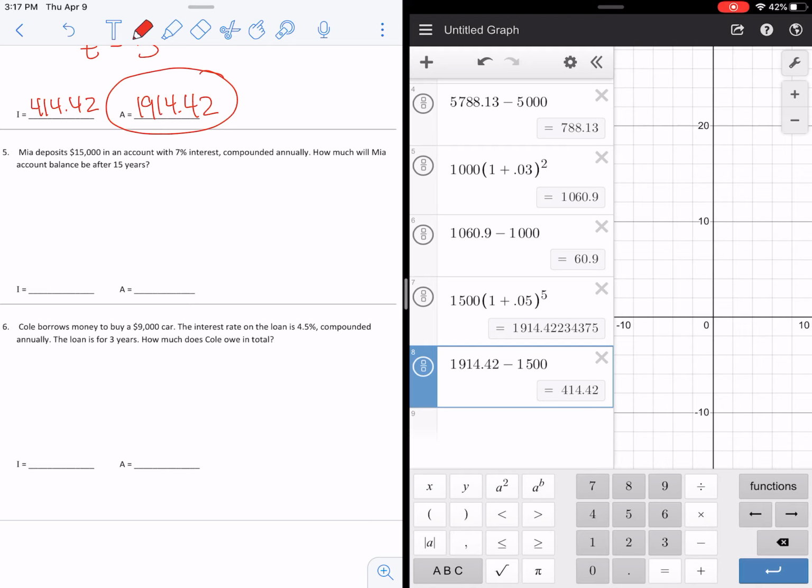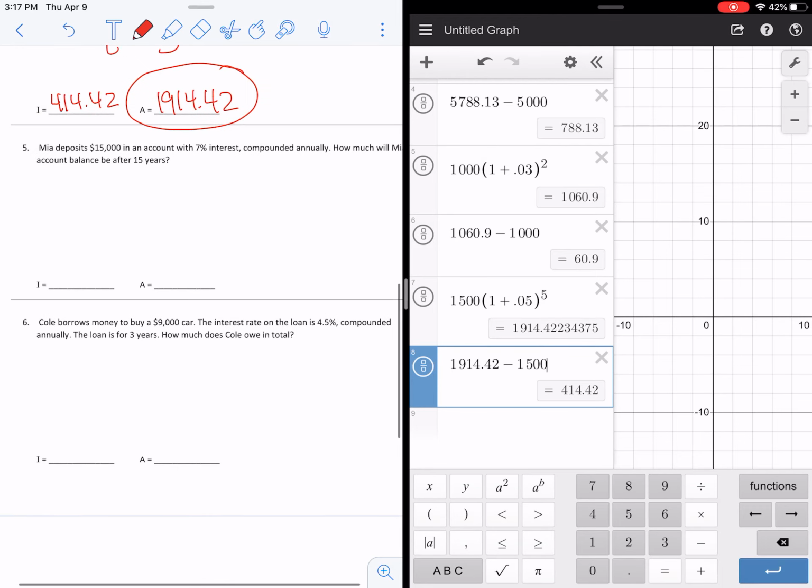Number 5, Mia deposits $15,000 in an account with a 7% interest compounded annually. How much will Mia's account balance be after 15 years? So how much will it be after 15 years would just be the compound interest again. And I know that the P is 15,000. The R is going to be 0.07. T is going to be 15 years. And then we're just going to do the same thing and just plug it right in to our formula.